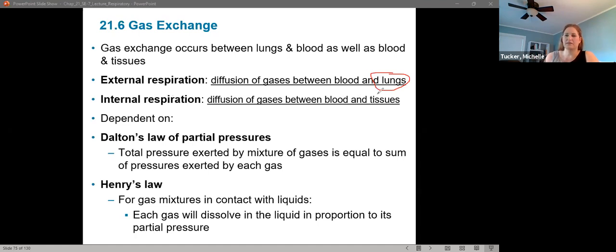This is between the blood and the tissues. Dependent on Dalton's law of partial pressures and Henry's law. We are going to have a lot of laws with gases because they fall under many areas of physics, and so there are just lots of laws.